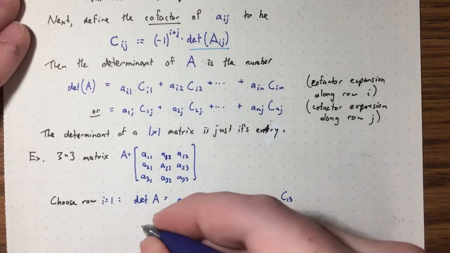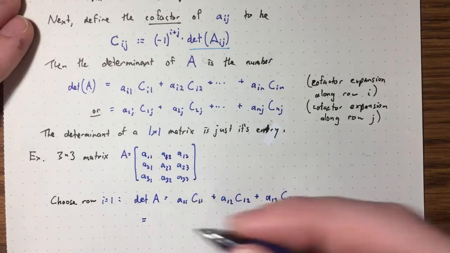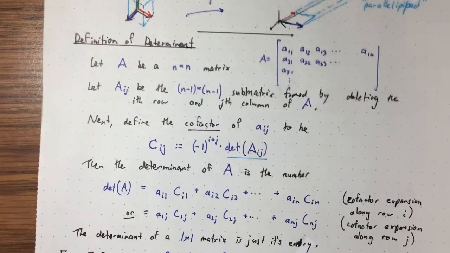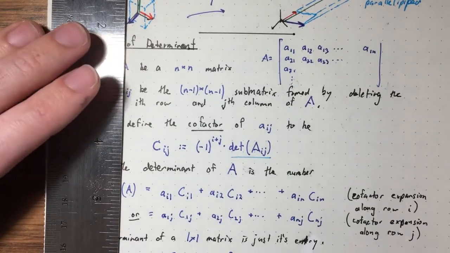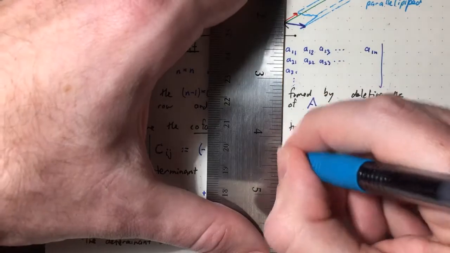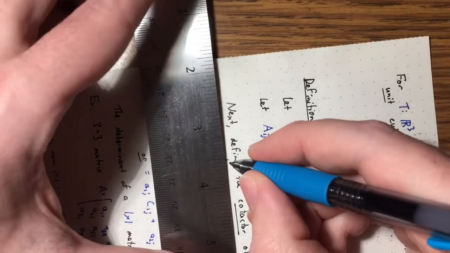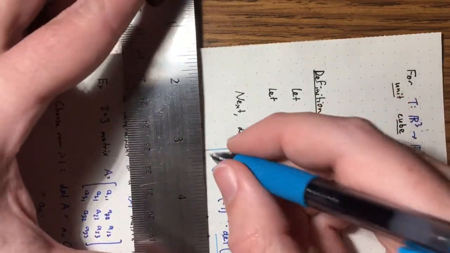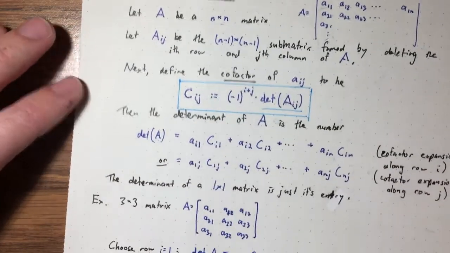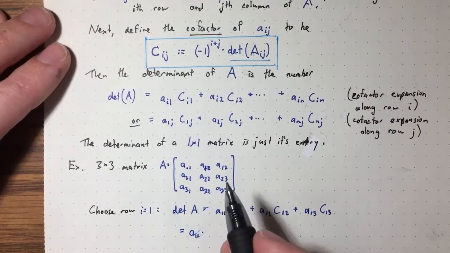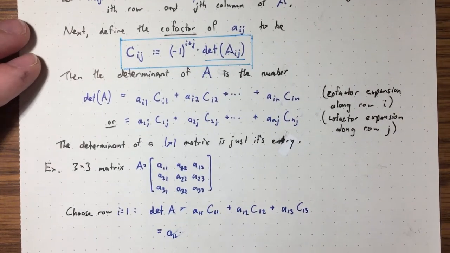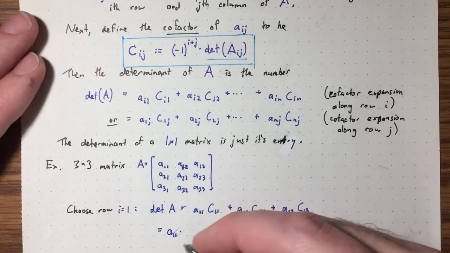Which is A11 times, let me actually box this, the cofactor, because I'm going to be looking up here a lot probably. So I need to know what the cofactor is. Okay, so what is the cofactor? It's (-1) to the 1 plus 1, which is 1. Right? (-1) to the 2 is 1.